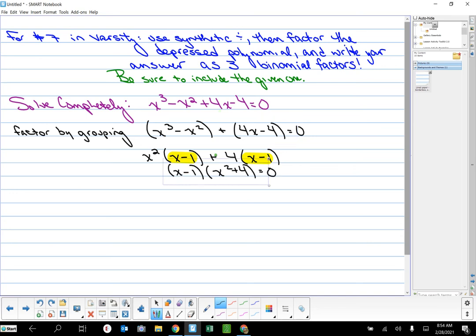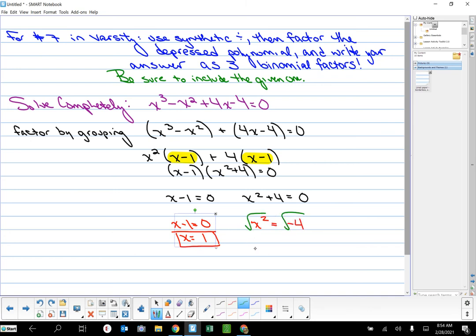Then once you have it factored, you can set each factor equal to 0. So now this guy gives me x minus 1 equals 0, so x equals 1. This guy gives me x squared equals negative 4. So if I take the root, I get x equals plus and minus 2i. And so here are my 3 answers to that.